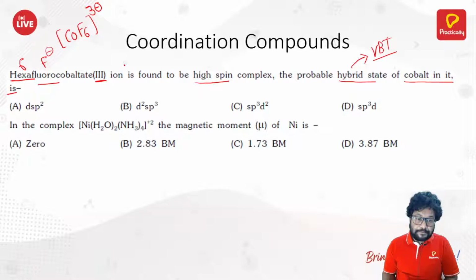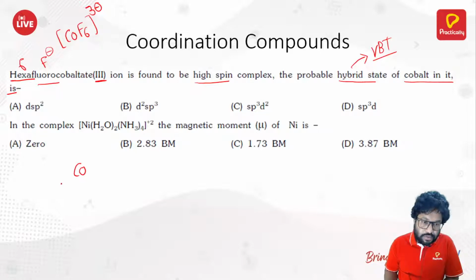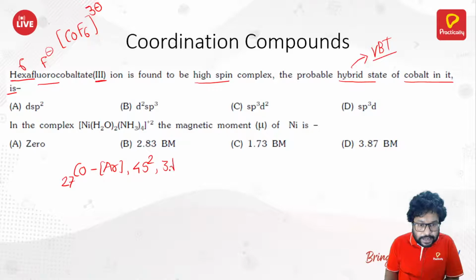Now they are asking what its hybridization should be. To get that, we need to first write cobalt's general electronic configuration. Cobalt has atomic number 27. The electronic configuration is argon 4s2 3d7, then 4p0.